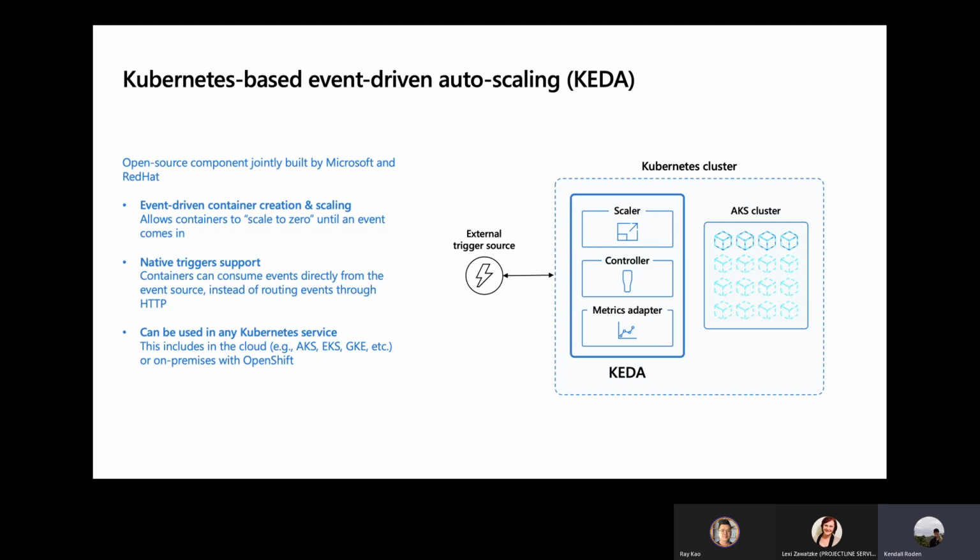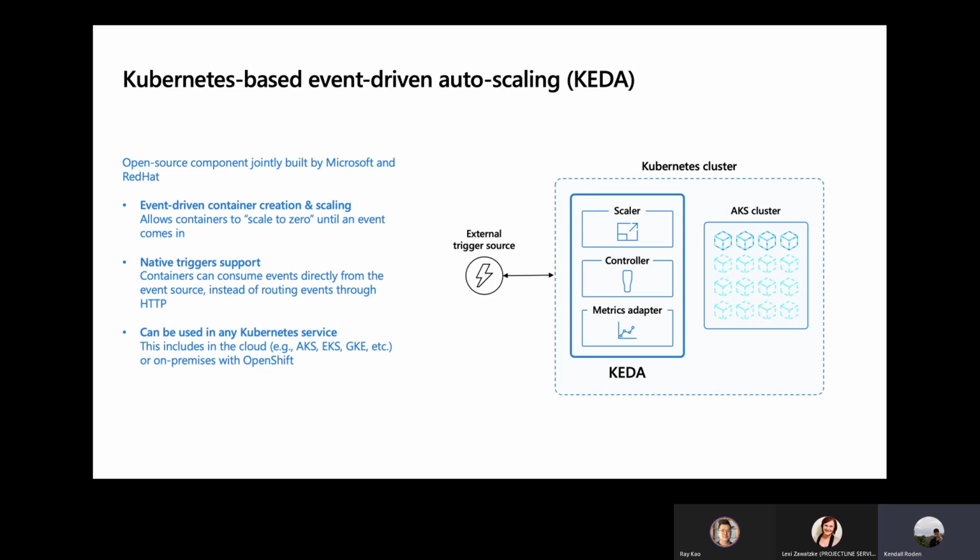So if you think about things like Azure Functions, for example, they scale or run based on the number of messages in a queue or the number of messages on a topic. And that's what KEDA can provide to you. So you can say, hey, I want to scale based on queue length instead of CPU and memory, because CPU and memory aren't always going to be the most accurate or the best type of scalers for our particular service.